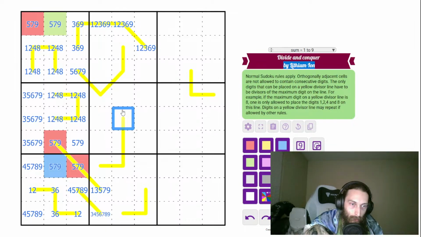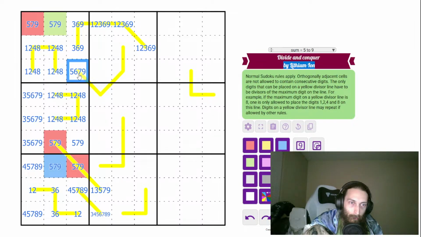Okay, box 1, column 3. If the top... No, that would only work if the bottom of the 2 is 6. Because that would have to be 9. But if it's 3, then it could be 5, 7, or 9.